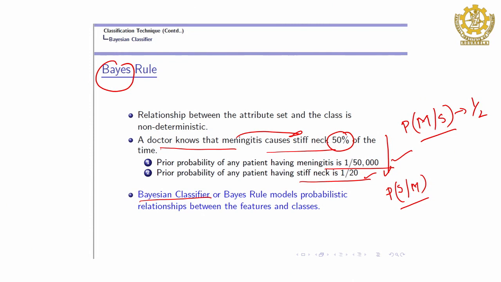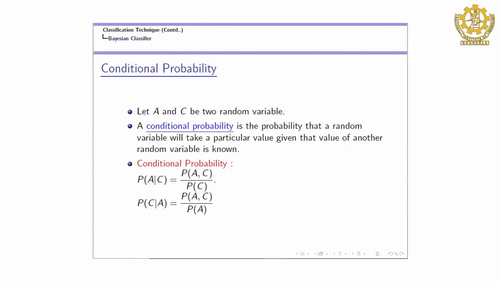Before starting this, we will have a slide on conditional probability. Let A and C be two random variables. Conditional probability is the probability that a random variable will take a particular value given that the value of another random variable is known. That means if two things are happening, what is the probability that one thing will happen when you know the other thing has happened.